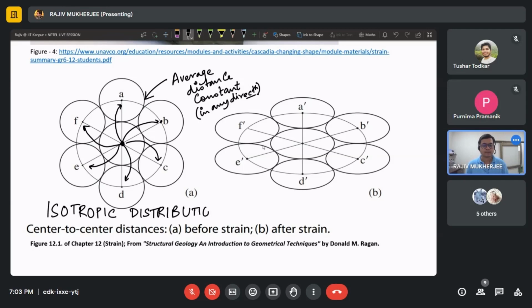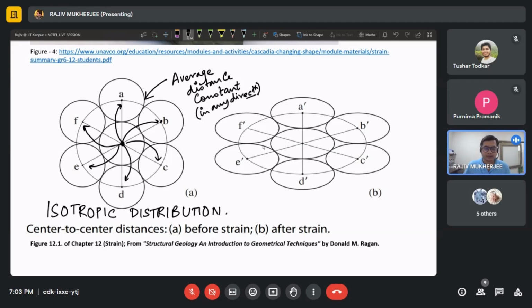Isotropic means along any direction the average value would remain the same. So any parameter that we are studying, whether it is a length or any kind of parameter, the average value of that parameter would remain the same along any direction. Okay, so that is called an isotropic distribution.